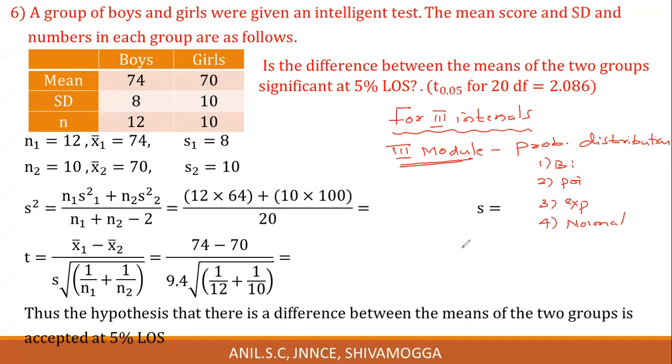Complete third module, and from fifth module, joint probability and joint probability distribution. No sampling for third internals. Complete third module, and from fifth module you prepare yourselves joint probability and joint probability distribution.